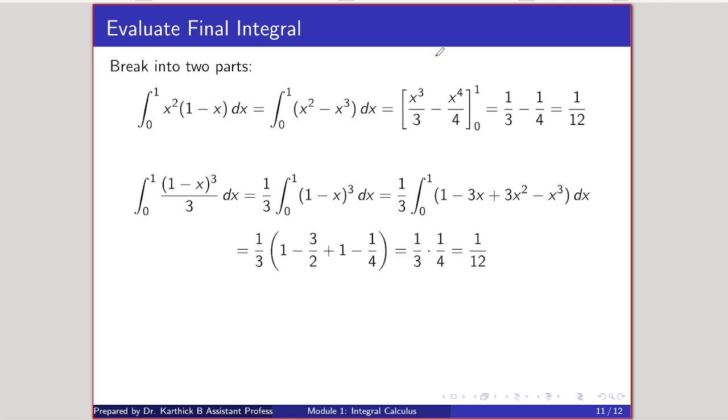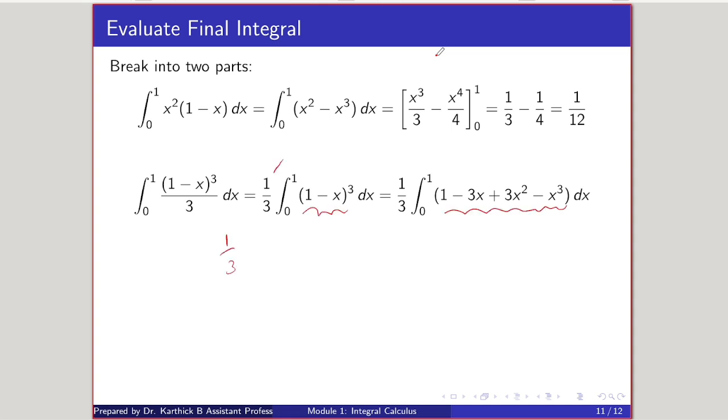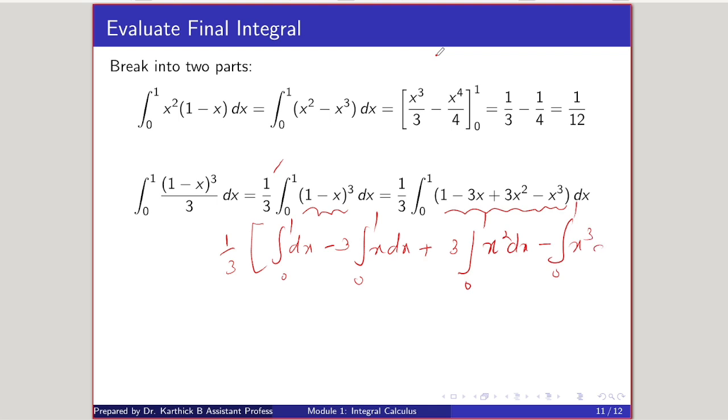We can split the integral: 1 by 3 is a constant, integral of dx from 0 to 1, minus 3 times integral of x dx from 0 to 1, plus 3 times integral of x square dx from 0 to 1, minus integral of x cube dx from 0 to 1.